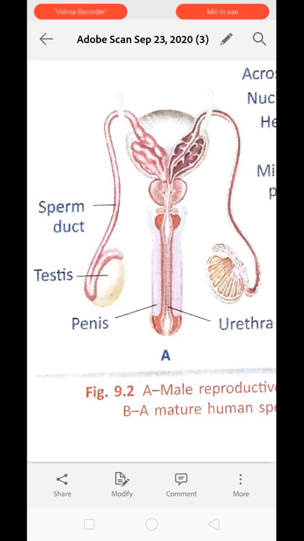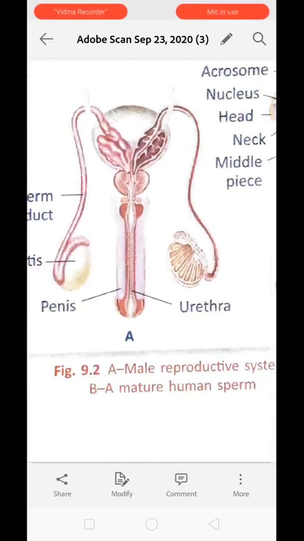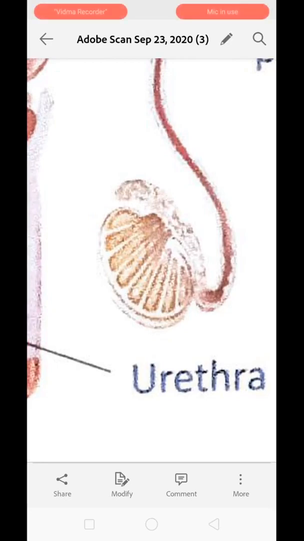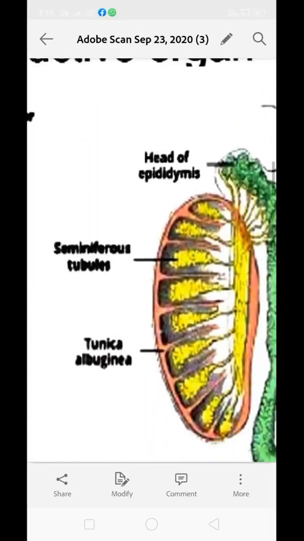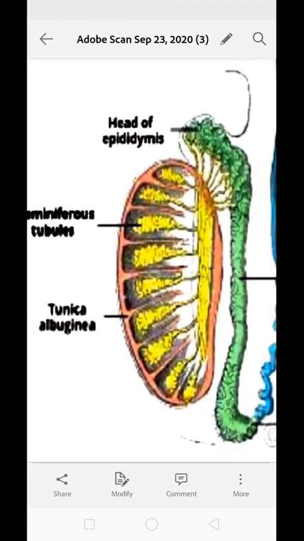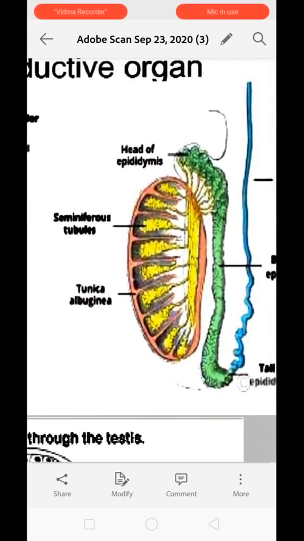The testis produces the male gamete called sperm. You can see the lining over here, the yellow lining, right? This is called the seminiferous tubule. In these tubules, the sperms are formed. See over here, it is more clear. This is a section cutting of the testis.